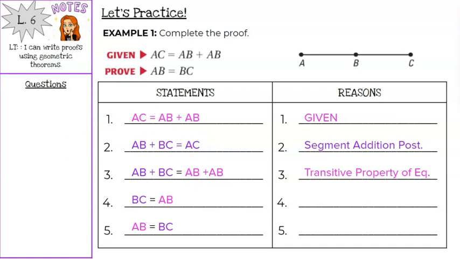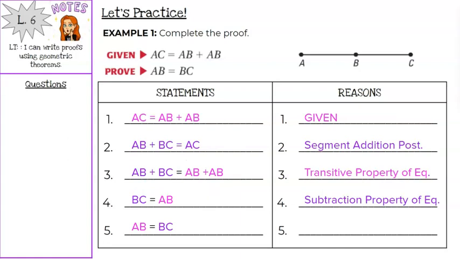Now if we look on both sides, we have an AB. We're adding an AB on both sides. So if I subtract AB on the left and I subtract AB on the right, we get BC equals AB. And that is just our subtraction property of equality. We can subtract the same thing on both sides.